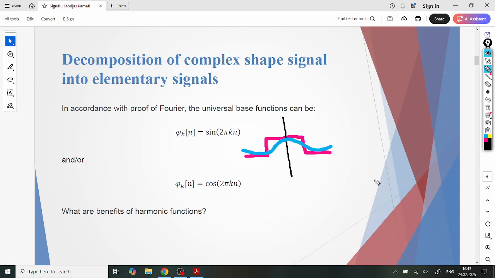Now consider I have a different position of the same signal. The signal is the same, it's only that I moved it a little bit, like so. Well, actually, not exactly to this point.